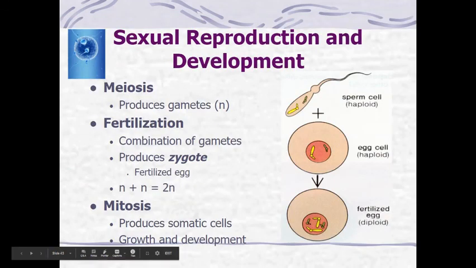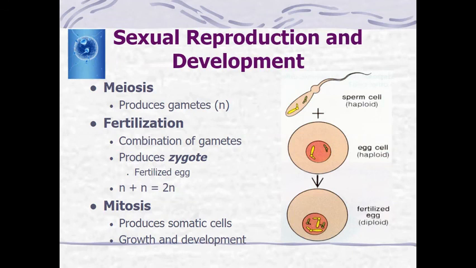So meiosis and mitosis, even though they're very different processes, depend on each other. We need meiosis to produce the gametes. We need those haploid cells, the sperm and the egg, so that we can have fertilization.